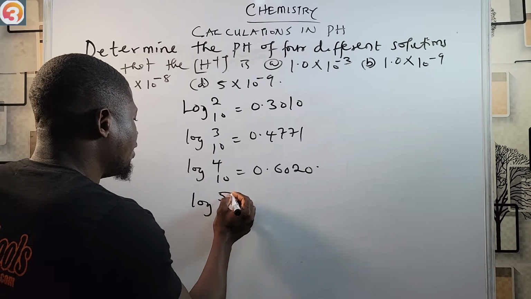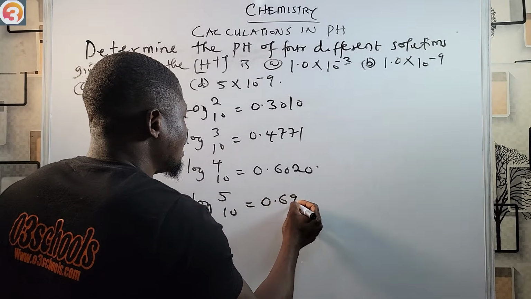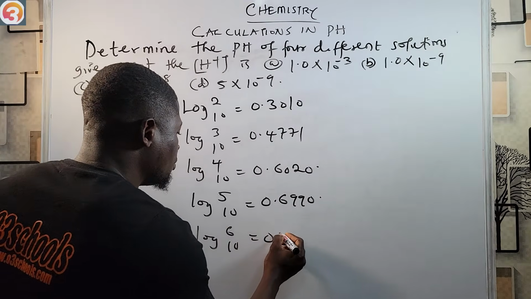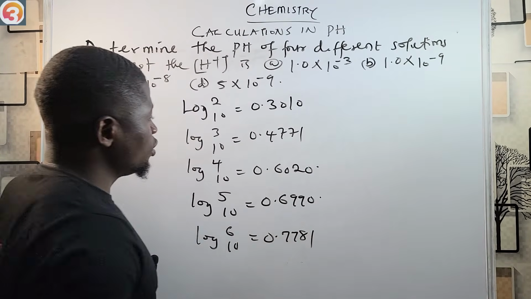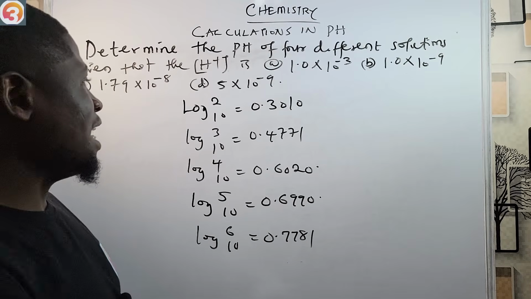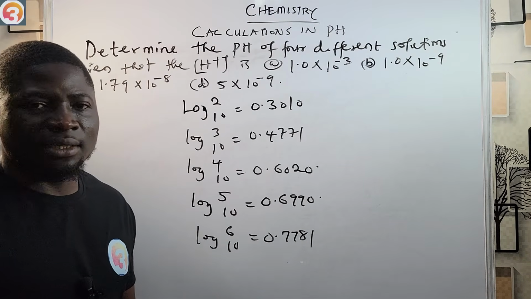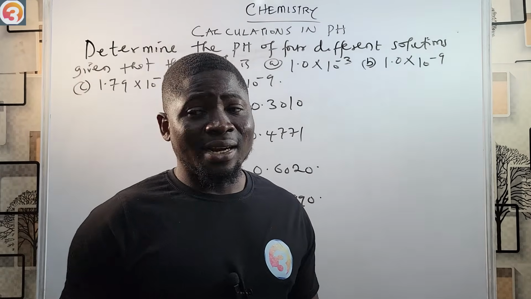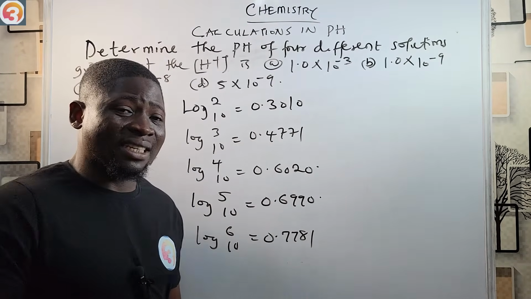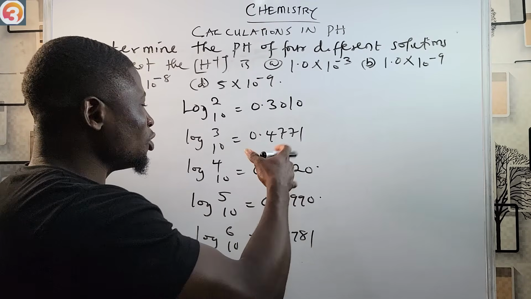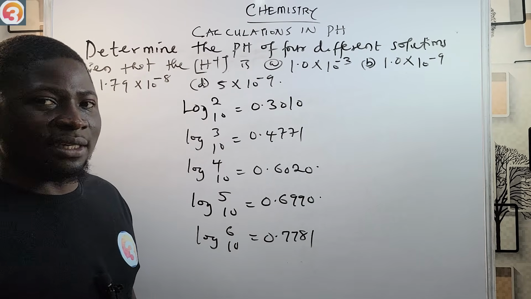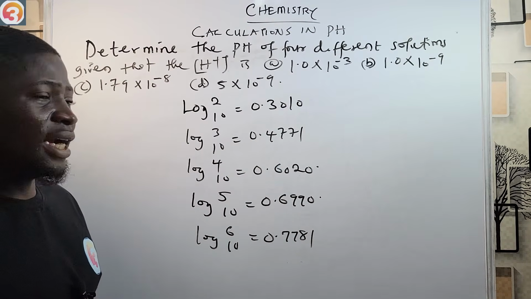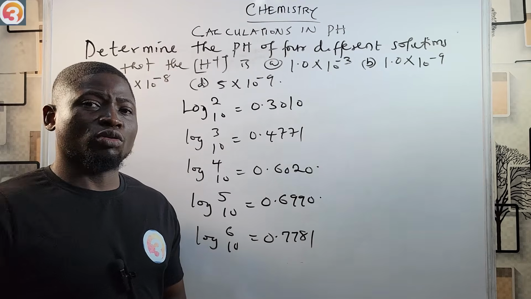The logarithm of 5 to base 10 is 0.6990. The logarithm of 6 to base 10 is 0.7781. It is expected that you know these common logarithms. If you did logarithm in secondary school, there's no way you have not encountered these. If you solve a lot of questions, there's no way you don't have them upstairs. So make sure you know these common logarithms, because they will help us going forward to solve questions.